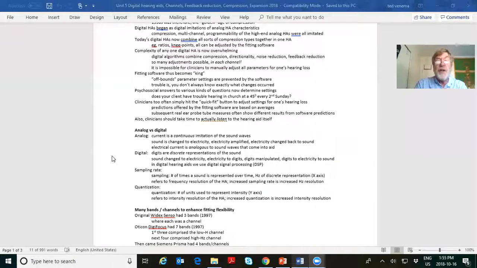So digital, the digits are discrete representations of the sound. Sound is changed into electricity, electricity into digits. The digits are manipulated. Digits are changed back into electricity, and the electricity is now back into sound. In digital hearing aids, we use digital signal processing.